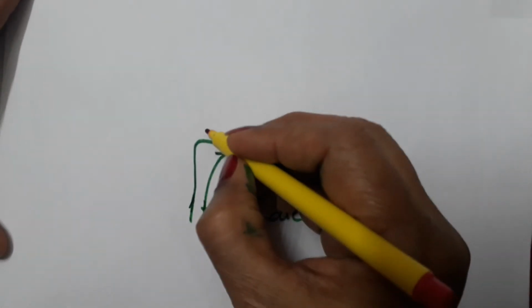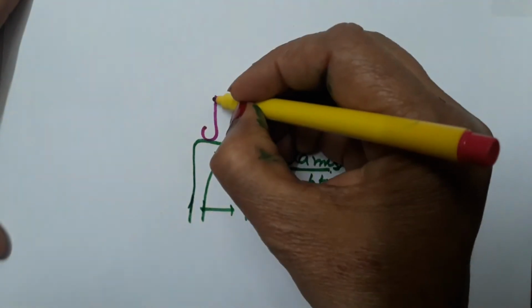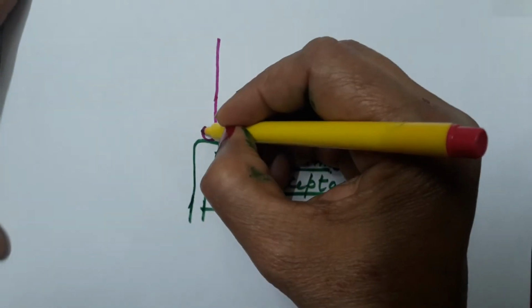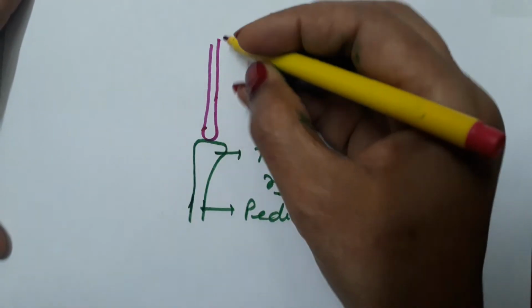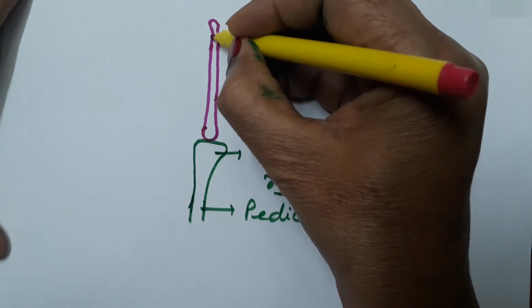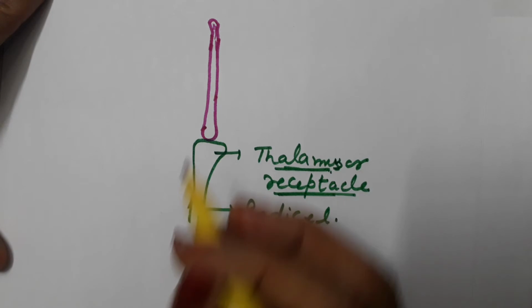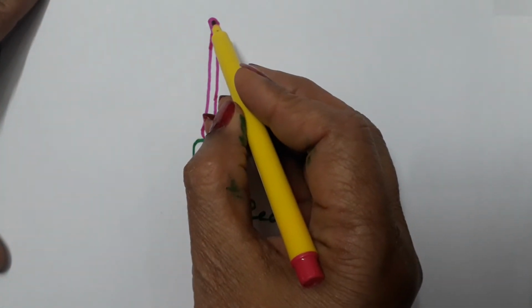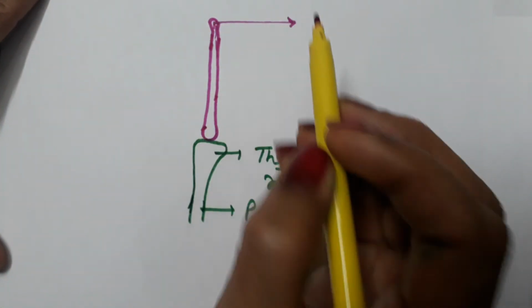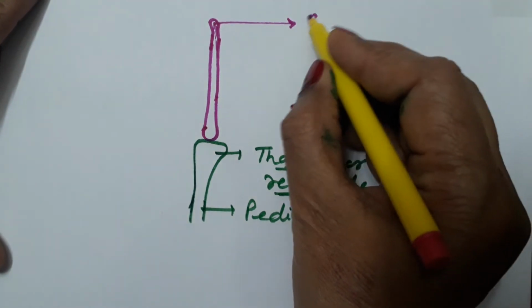In the center, carpel or pistil is present. Swollen tip of the pistil is known as the stigma.